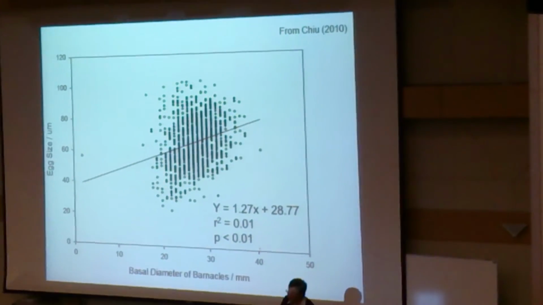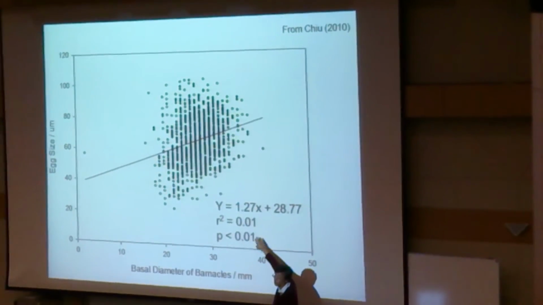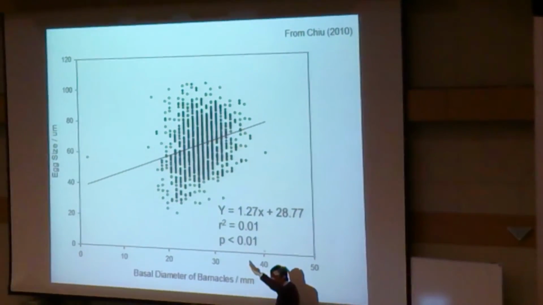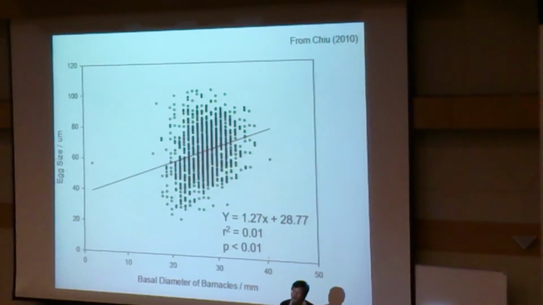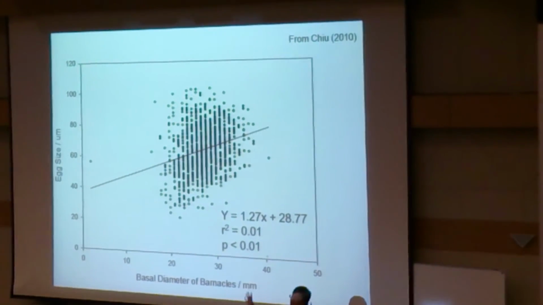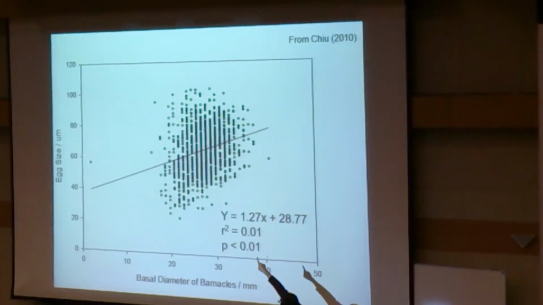So again, although from the p-value in the ANOVA test you know that the slope of this line is significant, your R square is very small. It means that you have a lot of data, but only 1% of it can be explained by this straight line.